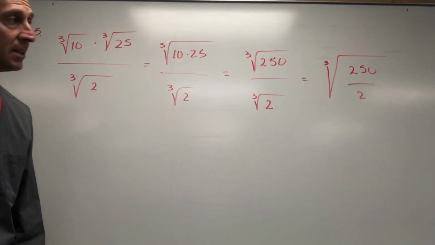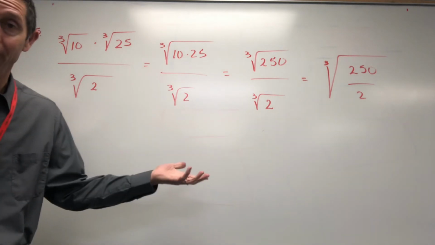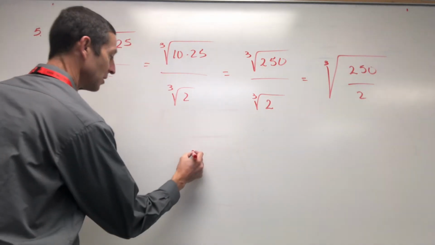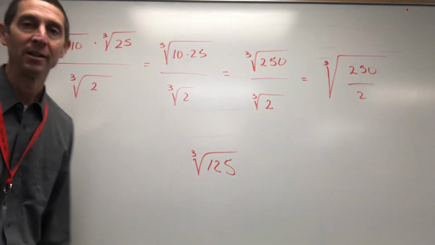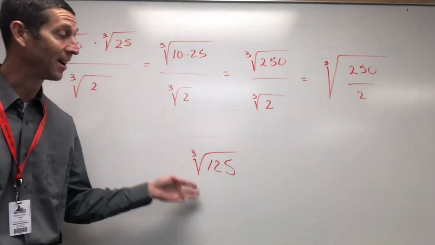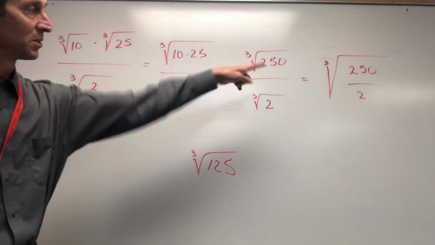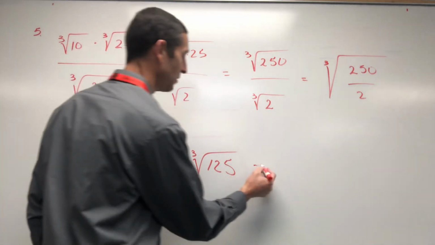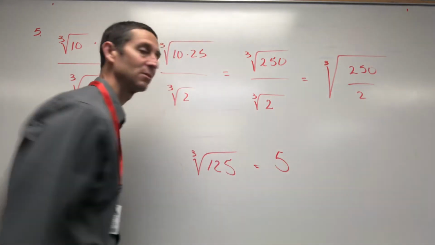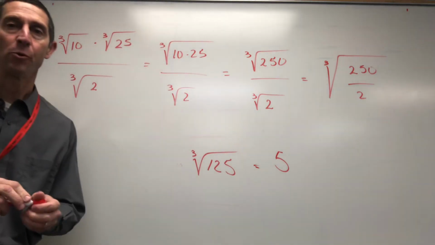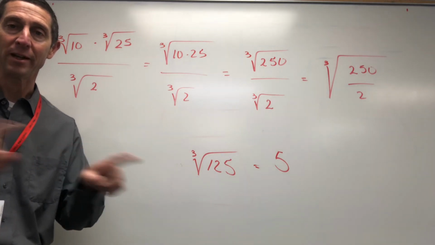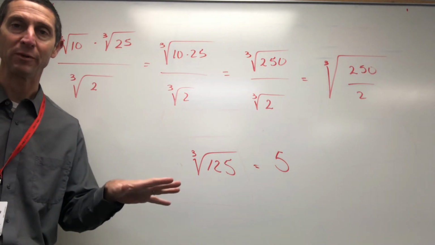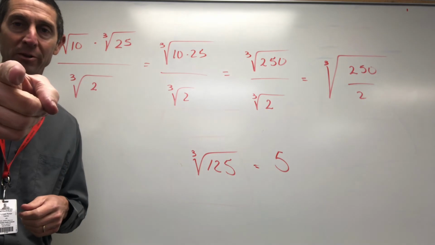When I reduce this one, it turns out kind of nice, 250 divided by 2. That's going to be cube root of 125. This one does work out. I know the cube root of 125. So after I clean that up, that just turns out to give me 5. So for this assignment, a whole lot of multiplying and a whole lot of dividing, square roots, cube roots, fourth roots, fifth roots. All right, homework 34, get on it.